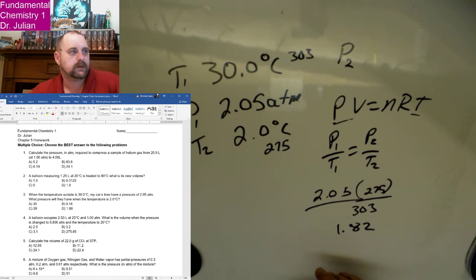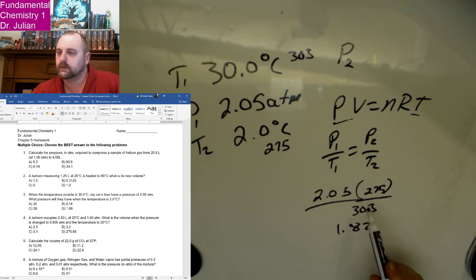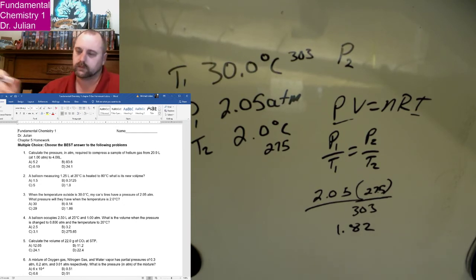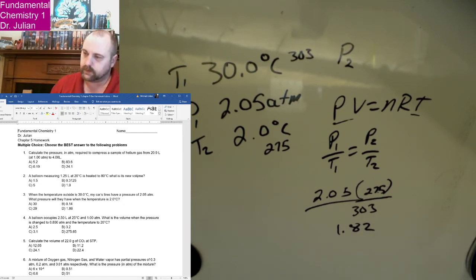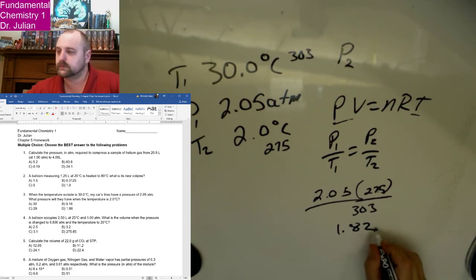So 2.05 times 275 divided by 303 is 1.86.